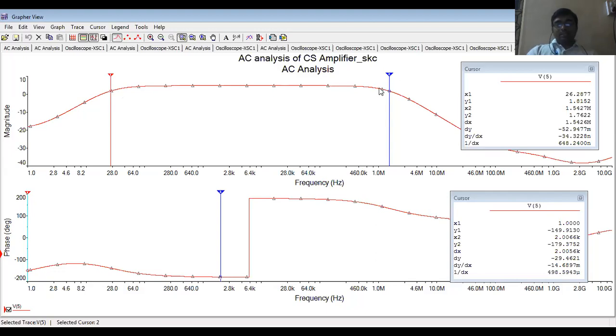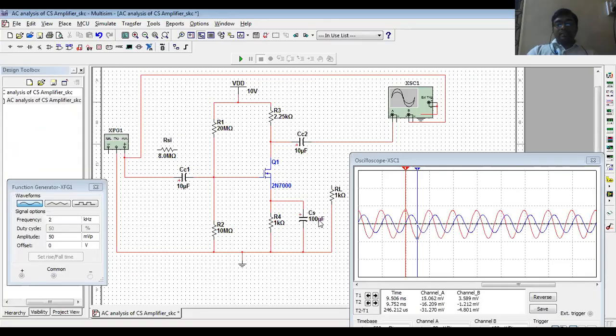This is for a bypass capacitor of 100 microfarad and a coupling capacitor of 10 microfarad. You can repeat a similar procedure by changing the bypass capacitor, because the bypass capacitor is mainly responsible for deciding the lower cutoff frequency. You can change this up to 22 microfarad.